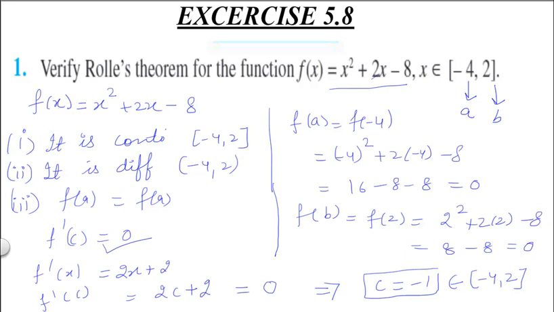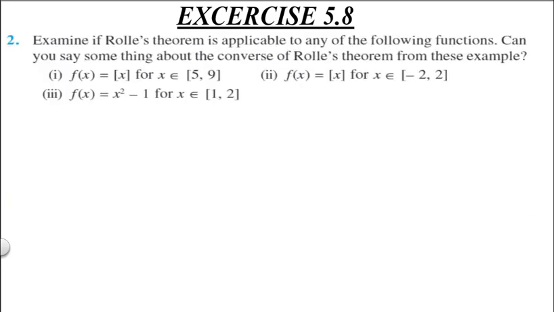Let us go to the second question of the exercise and see how to do that. In question number 2, they are asking: examine if Rolle's theorem is applicable to any of the following functions. Can you say something about the converse of Rolle's theorem for this example? Let us first see the first part. F of x is the greatest integer of x on [5, 9].